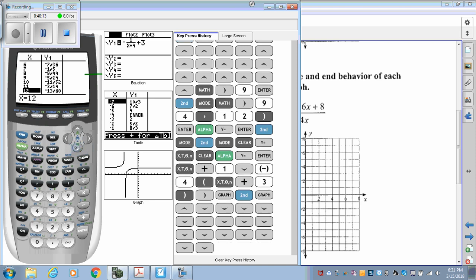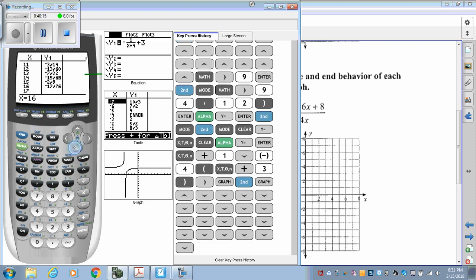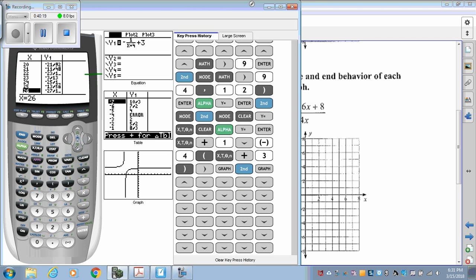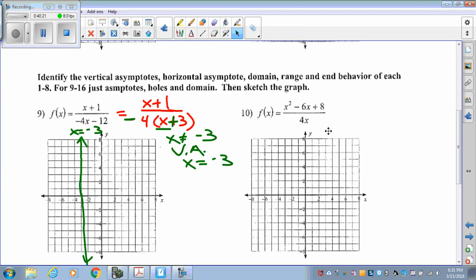Do I have another integer? No. Alright, so I have -1, 0. So it definitely crosses there, right?